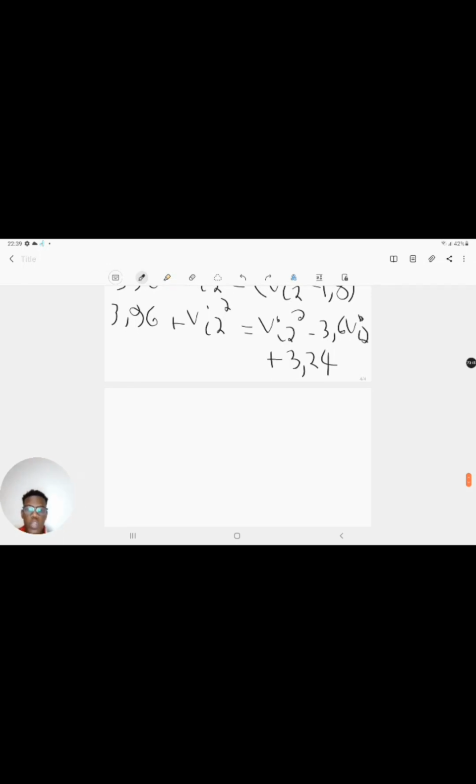Now we can see that this VI2 squared here and that VI2 squared there will cancel each other out. If this one goes to that side, it becomes a negative, and then they cancel each other out.